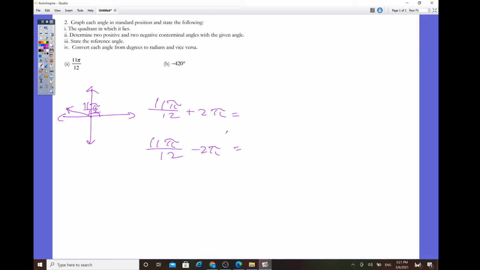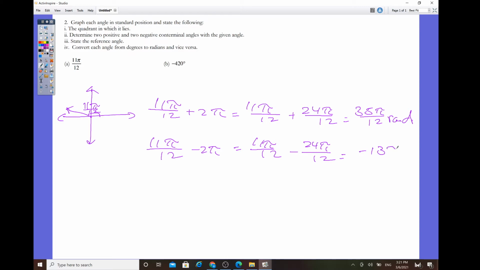The rest of that is just algebraic steps. 11 pi over 12 plus 24 pi over 12 will be 35 pi over 12 radians. And 11 pi over 12 minus 24 pi over 12 would be negative 13 pi over 12 radians.